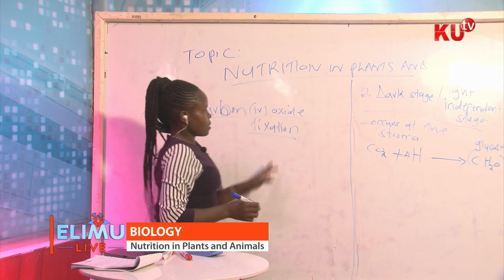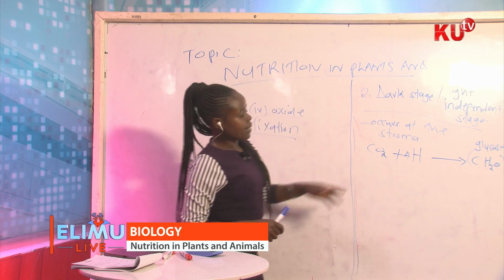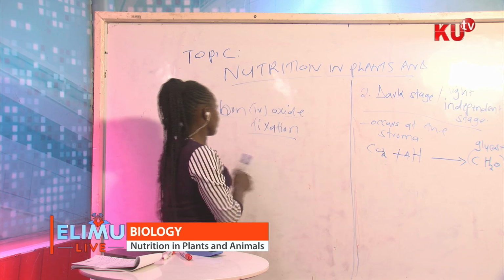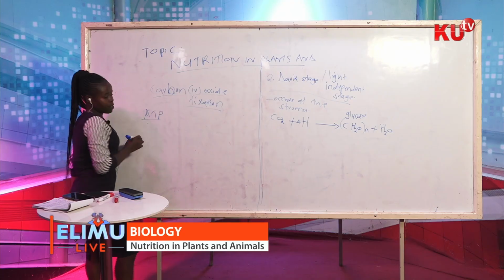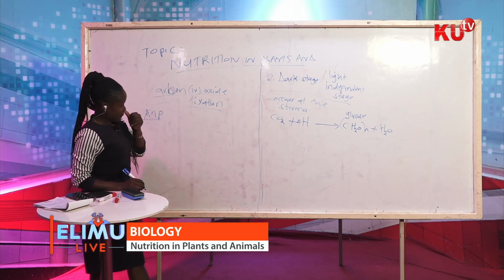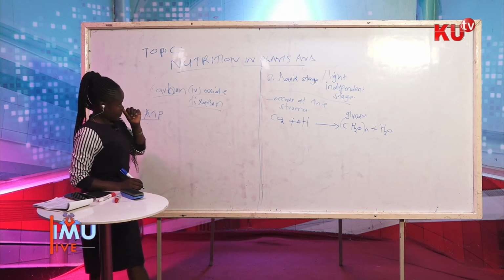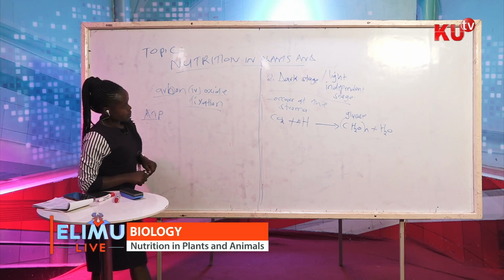So this is the process that occurs here. And the energy used here, I've said it is called ATP, the adenosine triphosphate. And that's all about the dark stage.